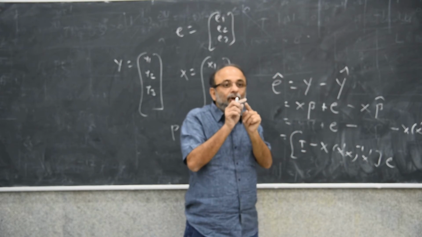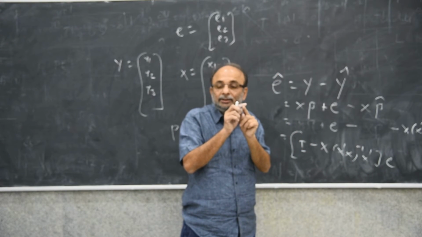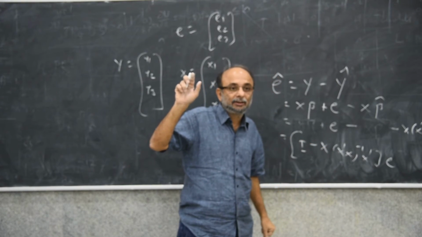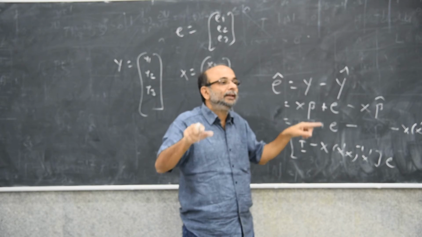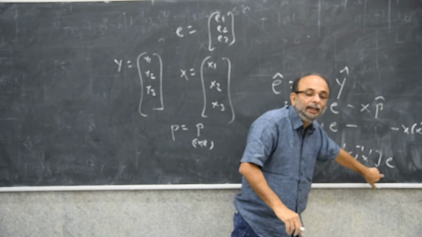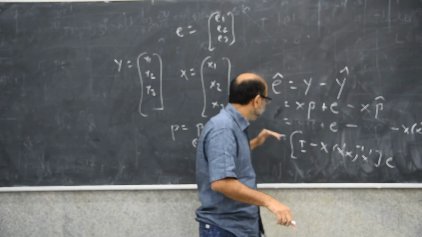So we will have an n cross n matrix x x dash, where each element is divided by a single number x dash x. The identity matrix will be n cross n. I minus that into e, where e is an n cross 1 matrix, gives you e hat.